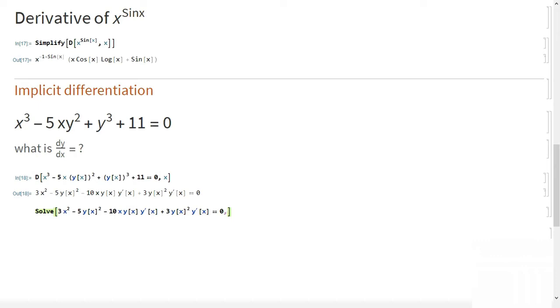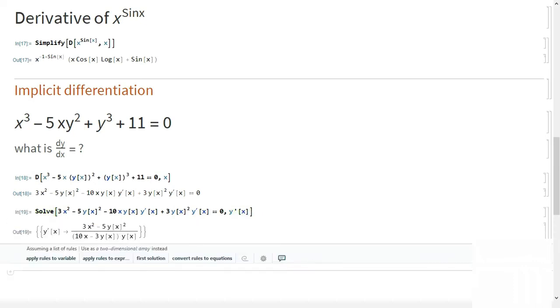That's why the variable will be y prime of x. Just hit shift enter, and there you see, that's the y prime, or the dy dx, that is the derivative we are looking for. And let's say you want to plot this thing, that is, you want to plot it.